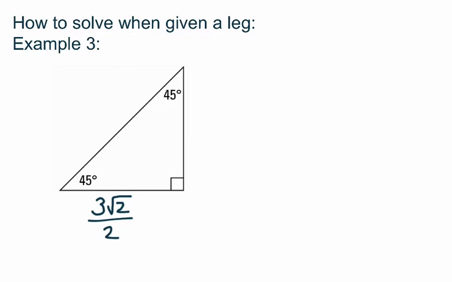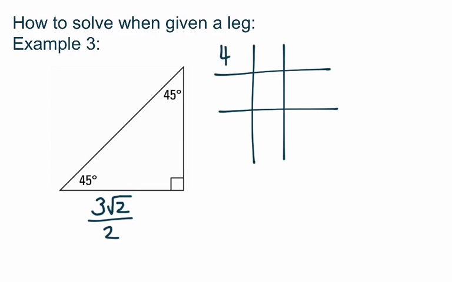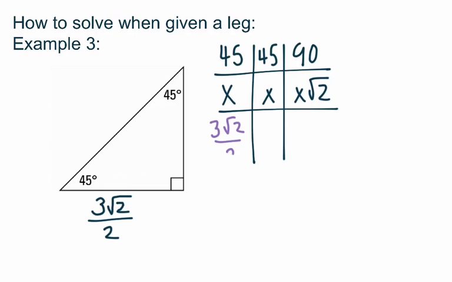All right, let's do another one. So here we're given another leg, 45, 45, 90, x, x square root of 2. This time we have 3 square root of 2 divided by 2.